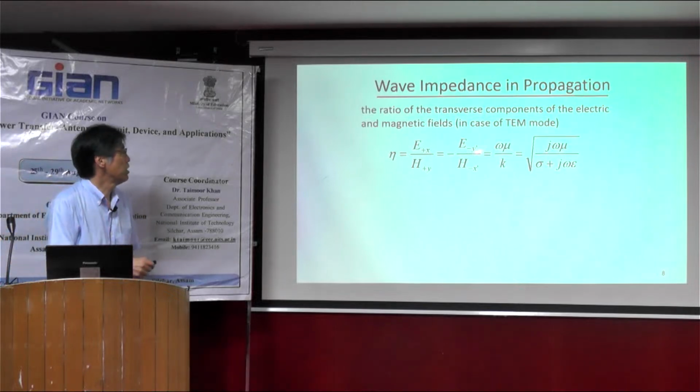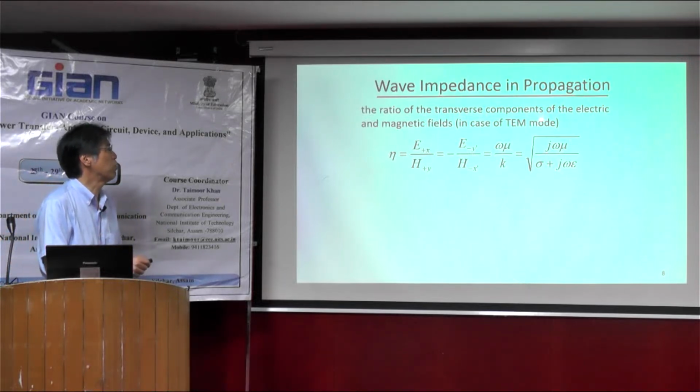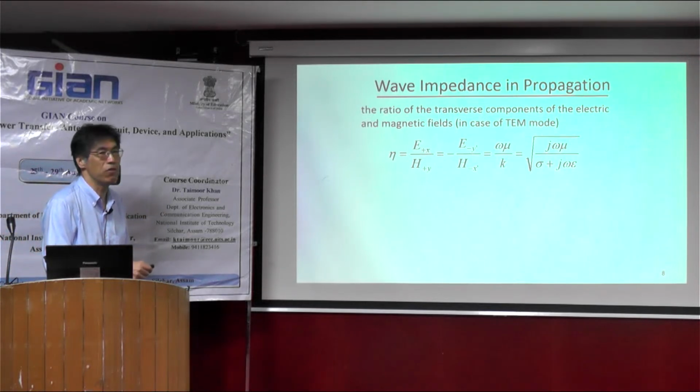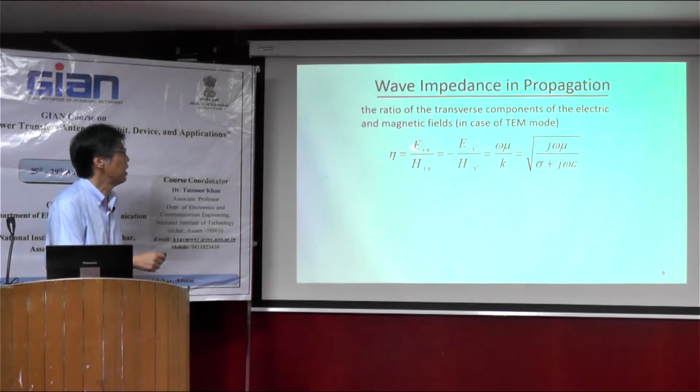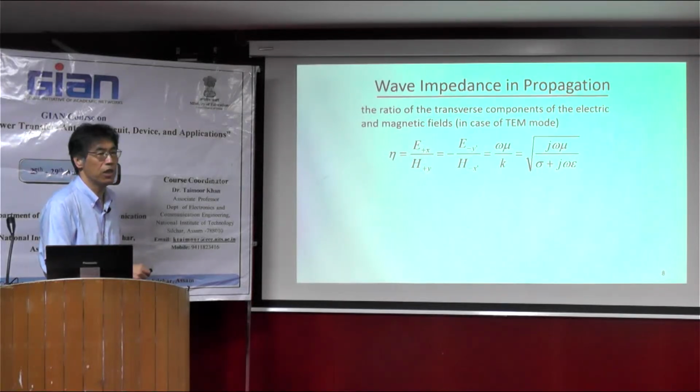So this is a ratio of the transverse components of the electric field and magnetic field in TEM mode. So H and E, we estimate the ratio of H and E. And as a result, this ratio of the magnetic field and the electric field is transformed to omega mu over K in this case.